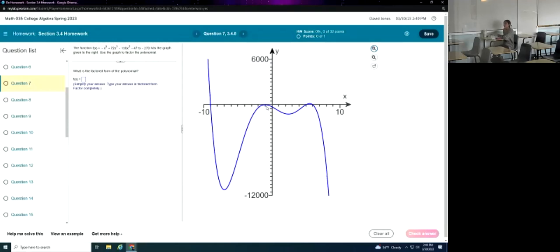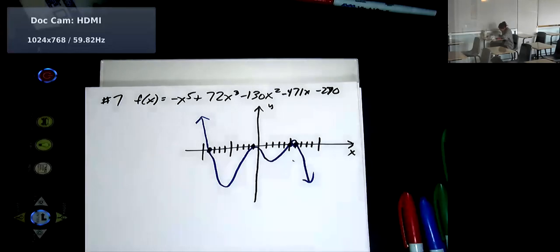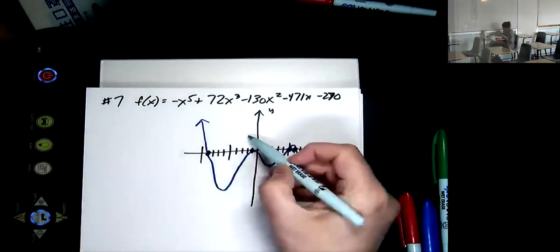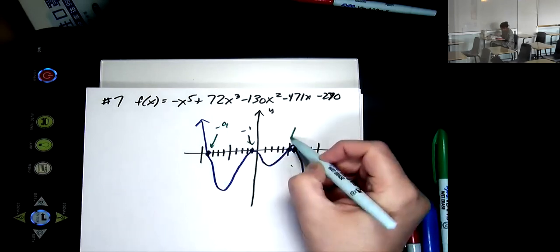Let's see, 1, 2, 3, 4. Well, just to help you guys with the counting, that looks like -1, that looks like -9. That's 5, and that's 6.